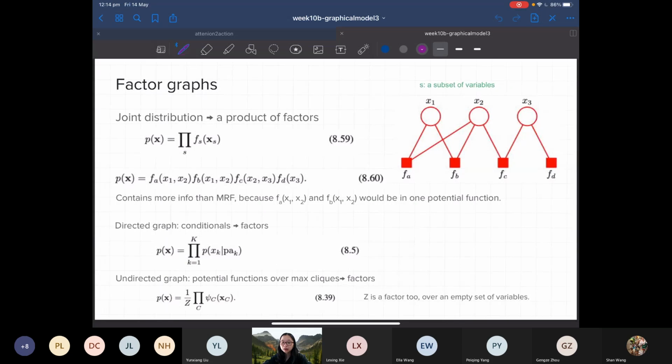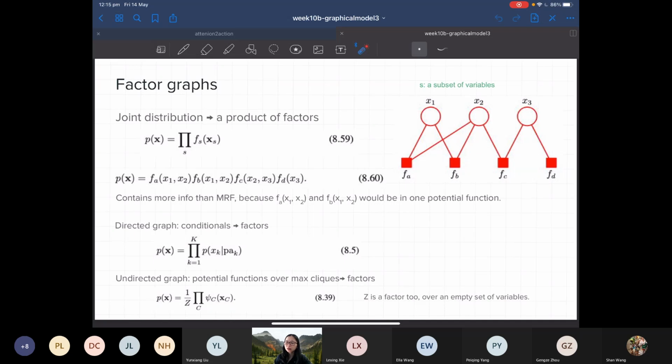So factor graphs. Well, we have been looking at graphical models that represent joint probabilities of variables that are circles, such as x1, x2, and x3. And we have looked at two ways of representing this joint probability.